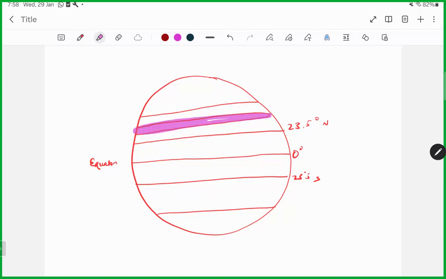So here are the Hadley cells. Do you know them or not? Yes, sir.